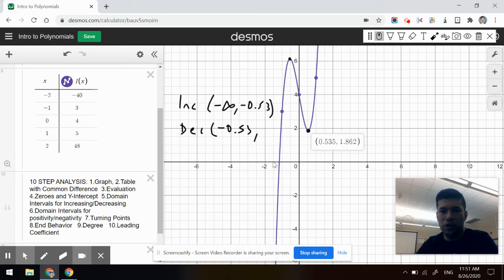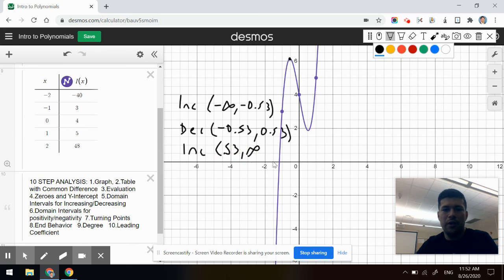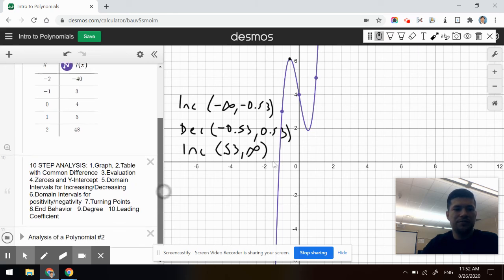Again, these are domain intervals, so I'm only looking at my x, to +0.53. And then at that turning point, it's going to start increasing from 0.53 all the way to +infinity as far as my x values go. So that is domain intervals that increase.